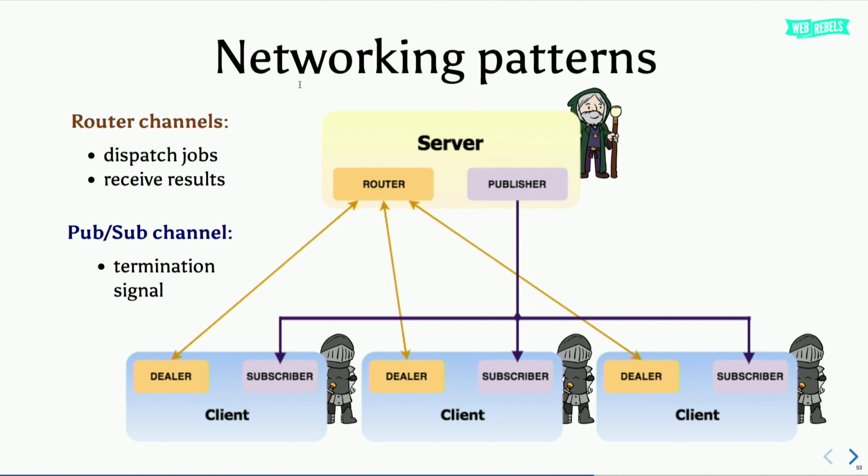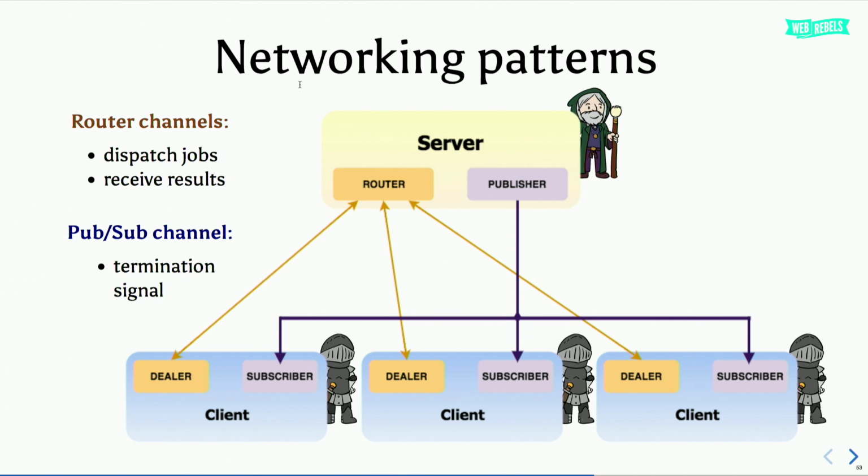So for this, we can use a pattern that is called router-dealer in ZeroMQ, and it's basically like a request-response where the server is sending some information to the client, and it needs to wait for the client to send an answer back before it can send another piece of information. And this allows us to coordinate all the exchange and all the brute force attempts.